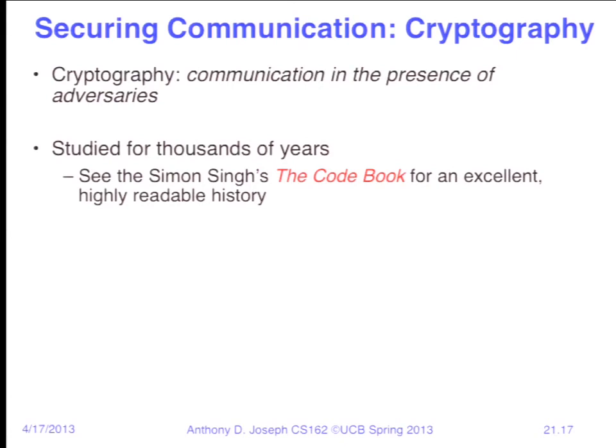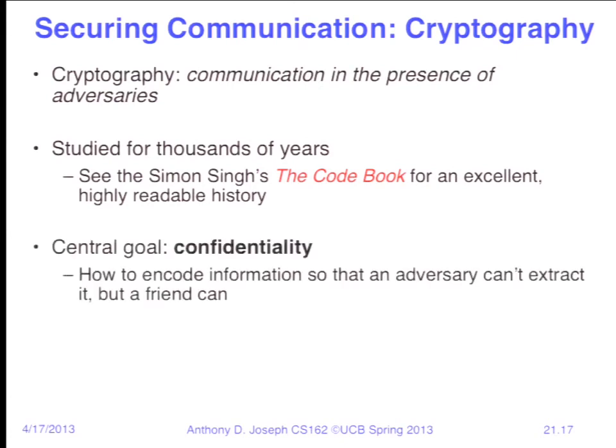But the basic goal here is one of confidentiality. You want to make sure that you encode the information, so even if an adversary gets their hands on that information, they can't extract the original information. But you want to make it easy for your friend, who you want to have access to that information, to be able to access that information. So with cryptography, we can use public communication channels. We can use the internet.